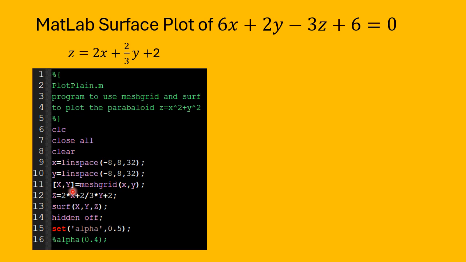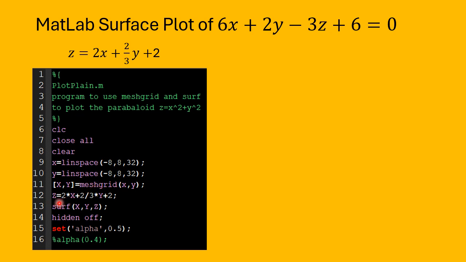We'll let capital X, capital Y be meshgrid of x comma y. Notice we have capital letters here, lowercase letters here. The lowercase x and y were defined to be these arrays up here. There's another video that I made that shows you how to use meshgrid, mesh, and surf, so you can refer to that.